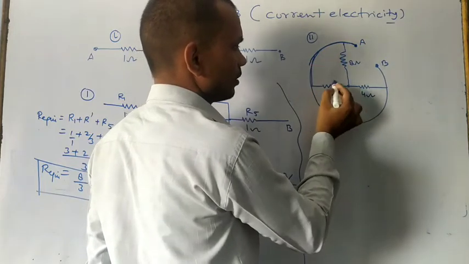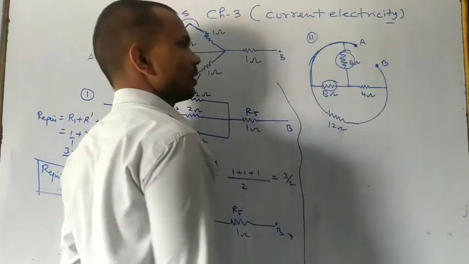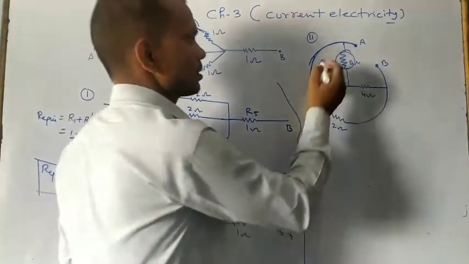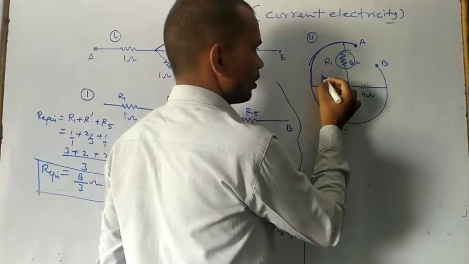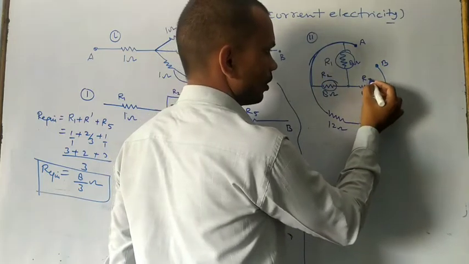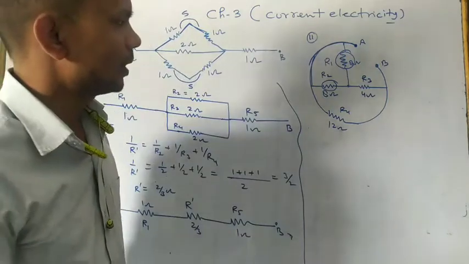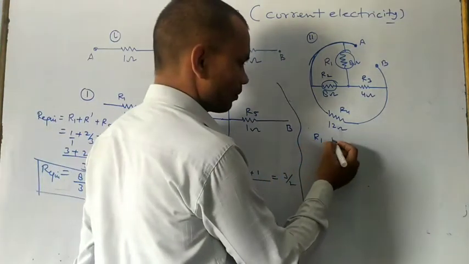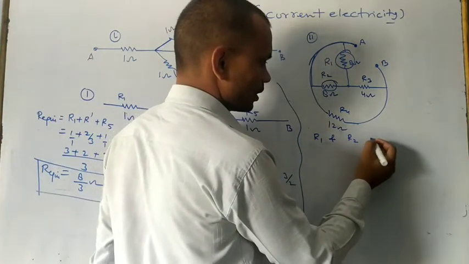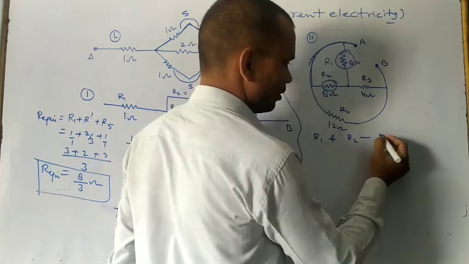Definitely this and this are connected in parallel. So suppose this is R1, R2, R3, then R4. R1 and R2 are in parallel.